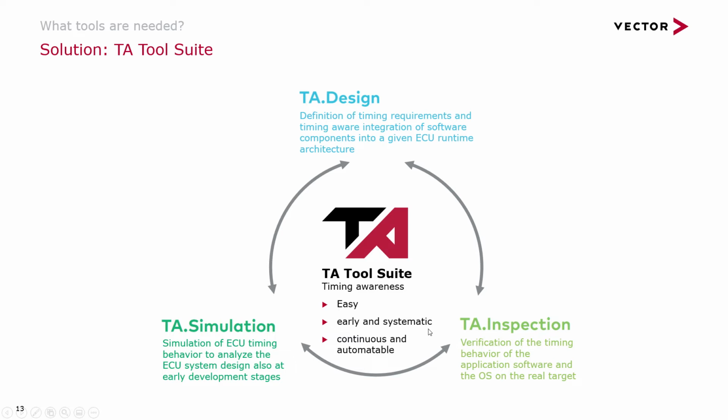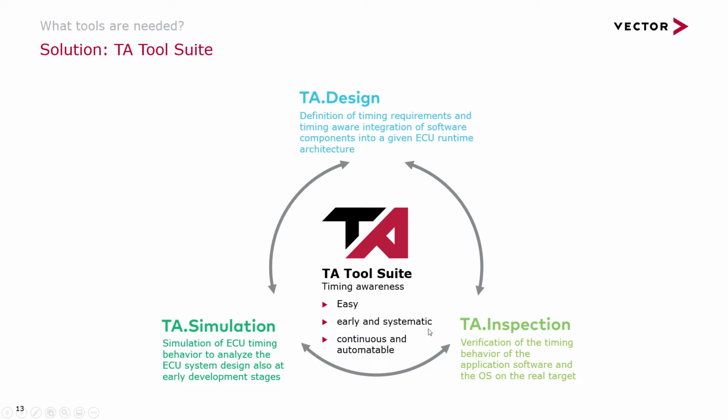From a graphical user interface, there's no difference. Also, the features are basically the same in how you analyze the timing. The main difference is TA inspection is working based on a recorded scheduling trace, and the TA simulation is working with a simulated scheduling.